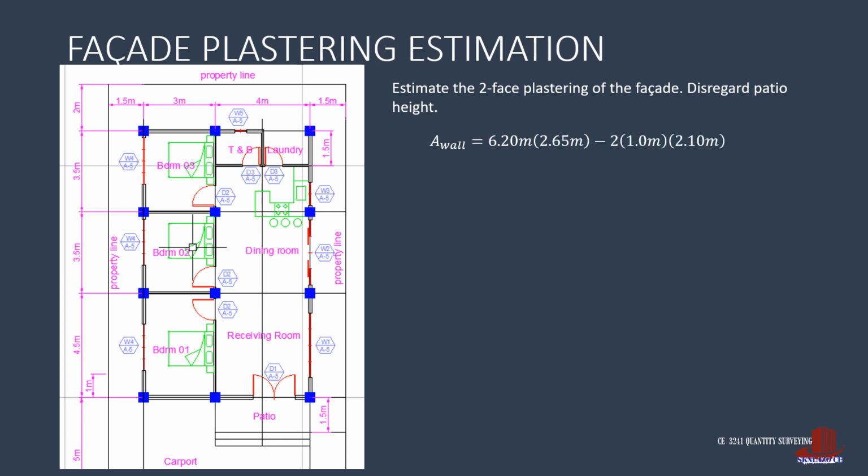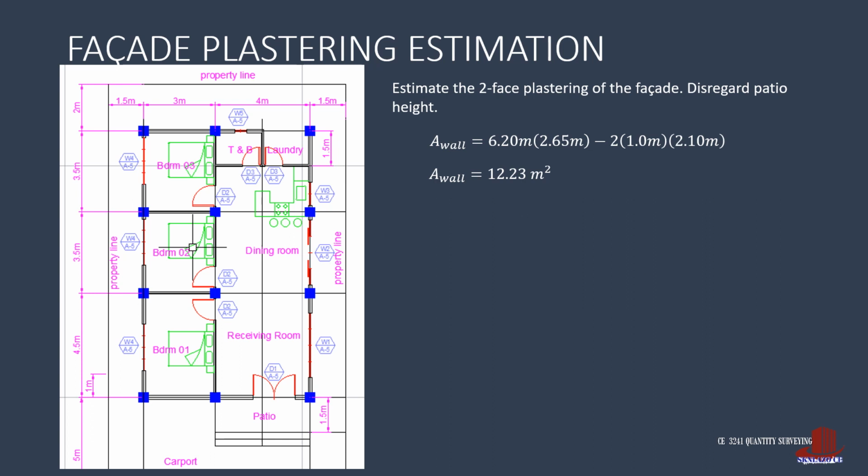The area of the wall is then the 6.20 length with the 2.65 meters height less the door opening, which is twice of the 1 meter width double door times 2.1 meter standard height. That gives 12.23 square meters.